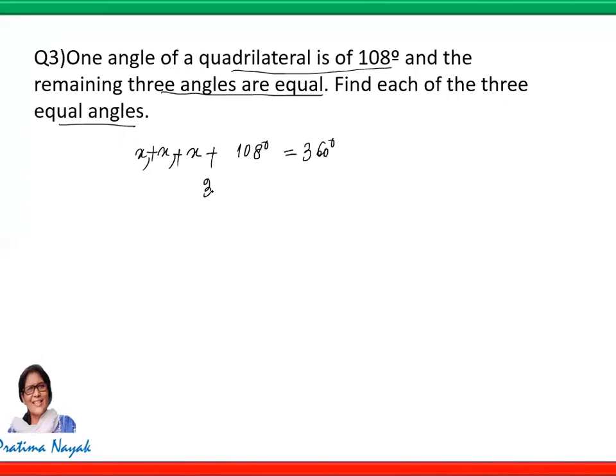So 3x is equal to 360 minus 108. It will be 252. So x is equal to 252 divided by 3, which is 84 degree. Other angles are 84 degree each.